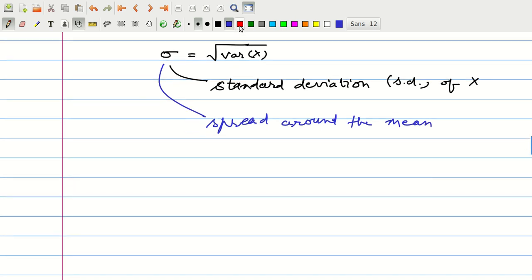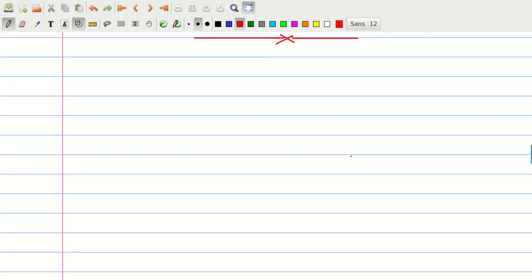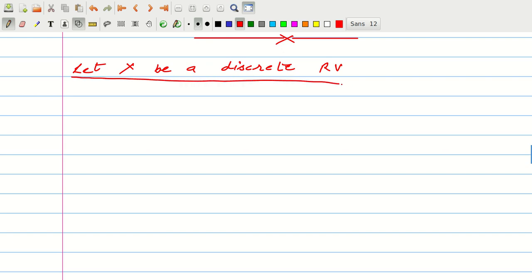And just as we have discussed the moments of a continuous random variable, we can talk about the moments of a discrete random variable. So let x be a discrete random variable now. In that case, we can similarly define the notions of moments and central moments as follows.